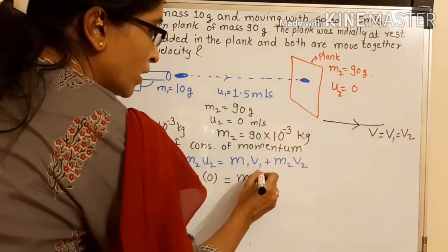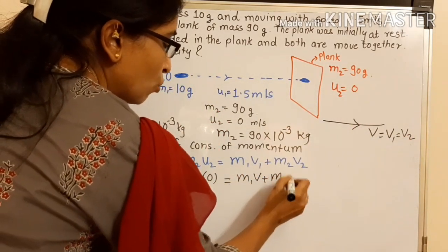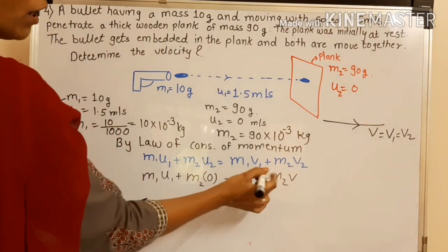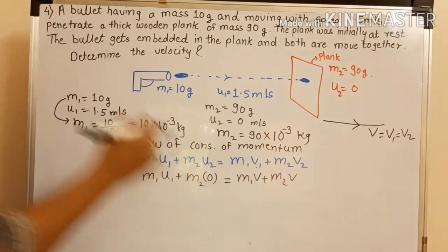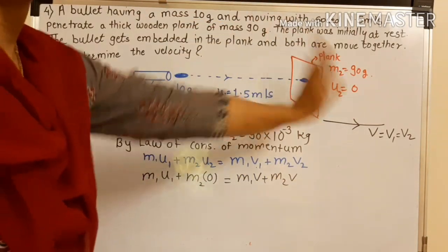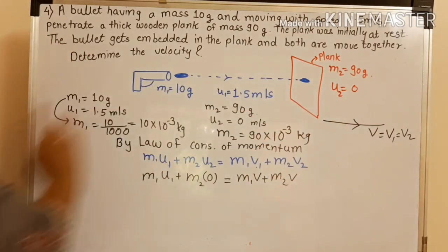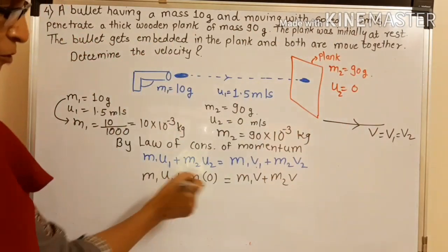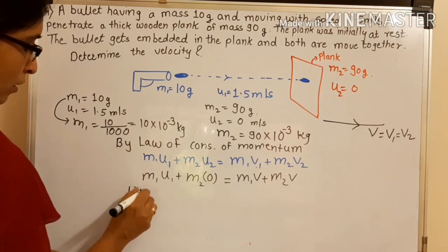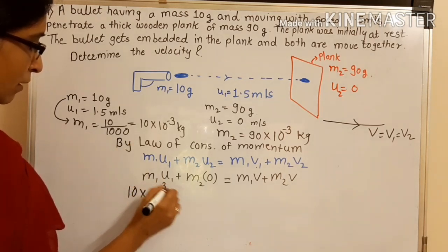So M1 V plus M2 V. See here, M1 V, M2 V, because the plank and the bullet have the same velocity V, meaning they travel with the same velocity. Now substitute the remaining values. What is M1? 10 into 10 raised to minus 3.